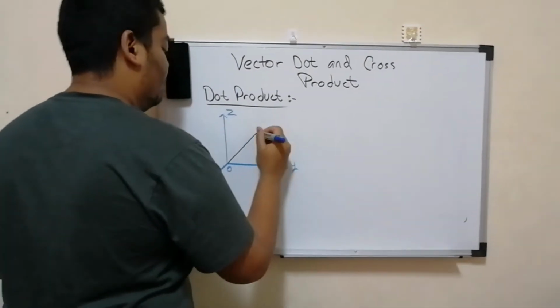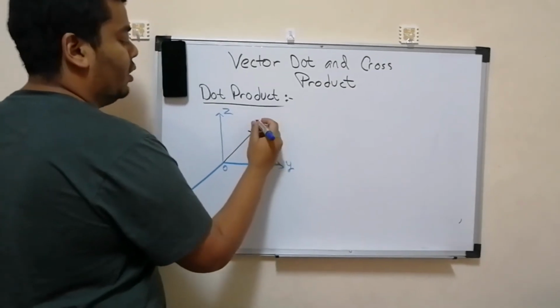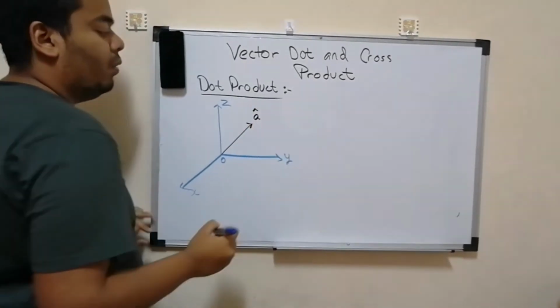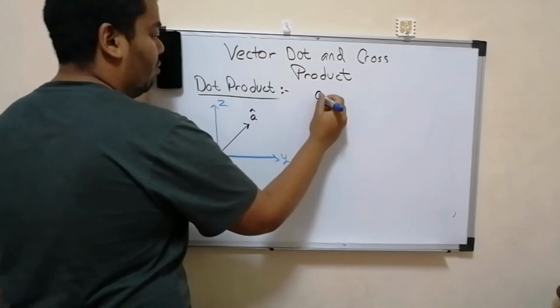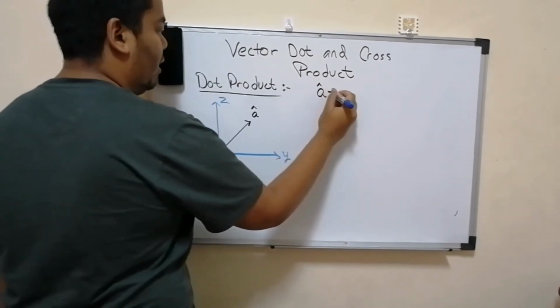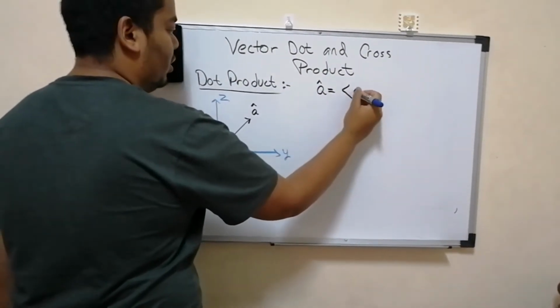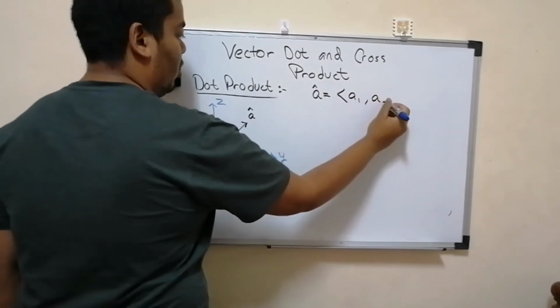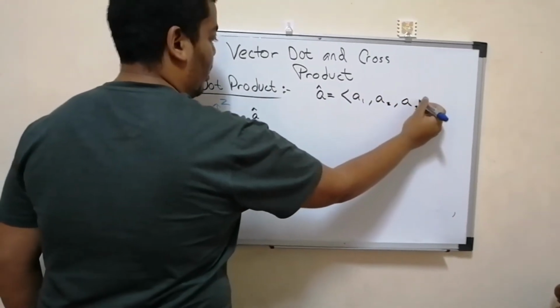Let's take a vector. This vector is A. Let me write down the vector A in terms of its components: A1, A2, A3.